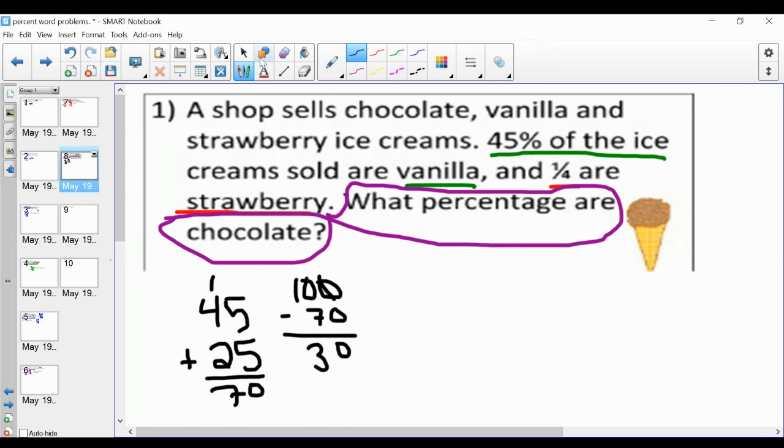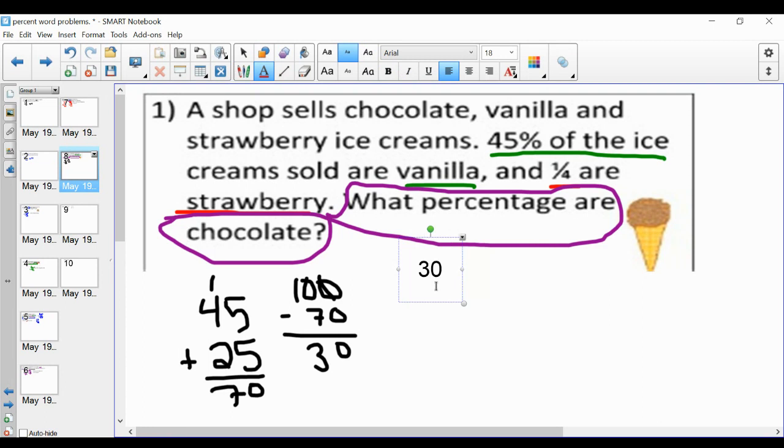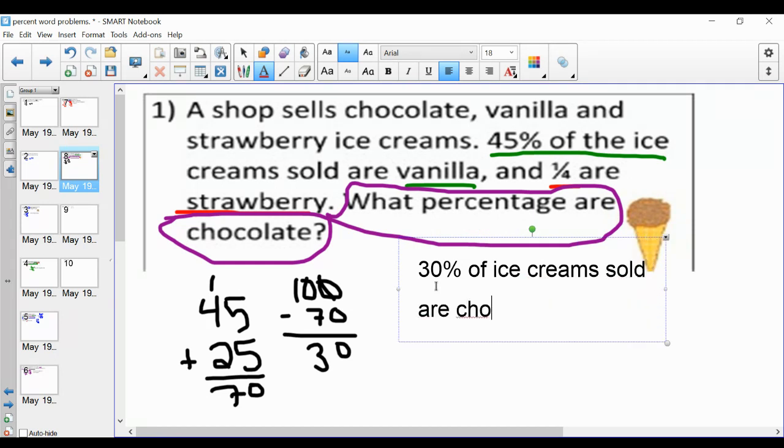So it looks like 30% of ice creams sold are chocolate.